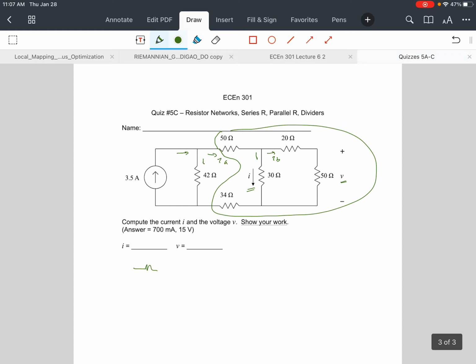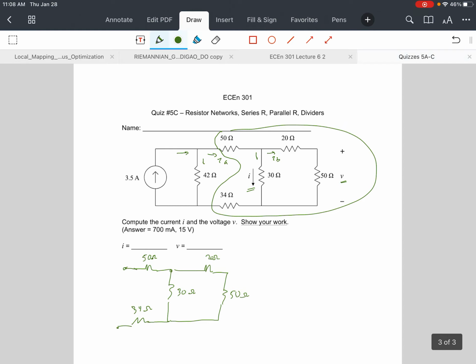If we have 50 ohms, and it gets split down to 30 ohms, 20 ohms, 50 ohms, and then back to 34 ohms, 34 ohms. We want to find the equivalent resistance between these 2 points.